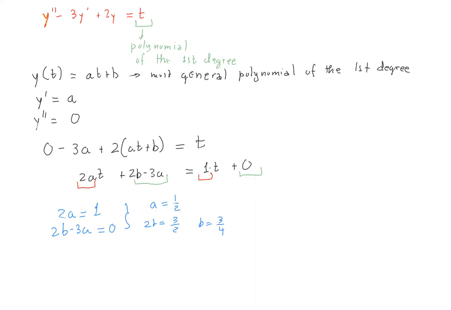So what is my special solution? Let me call it y star or anything else you like for that matter. It's going to be 1/2 t plus 3/4. So now I can write the general solution of the non-homogeneous equation.